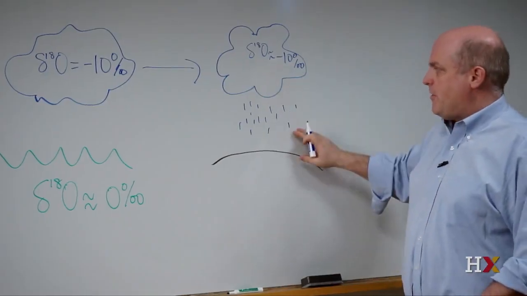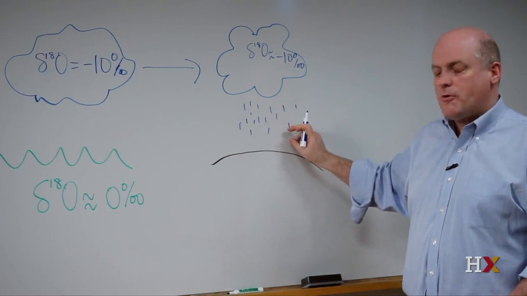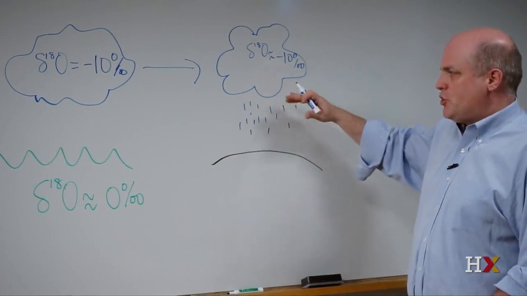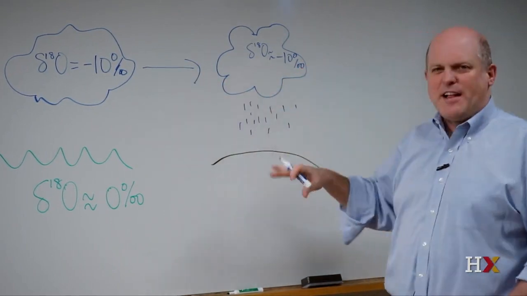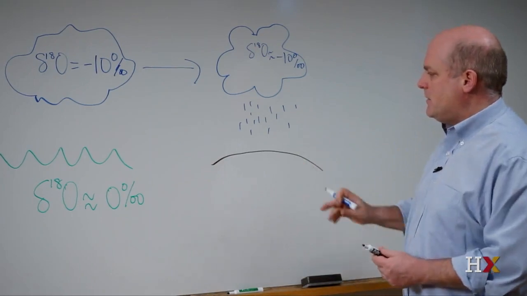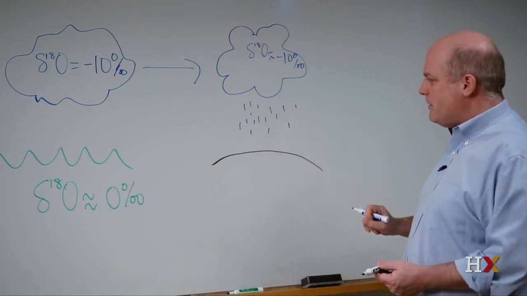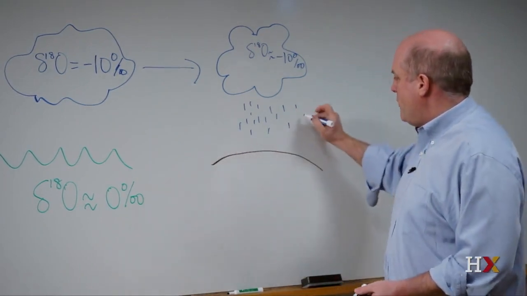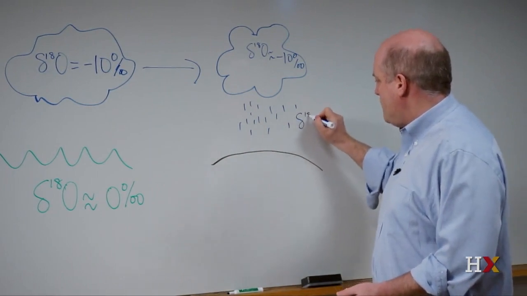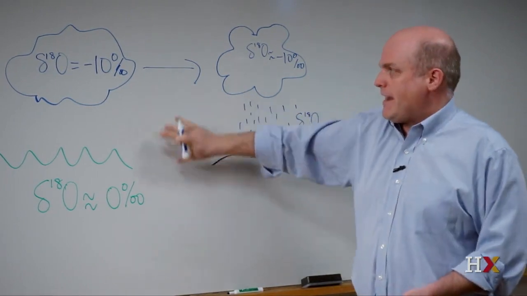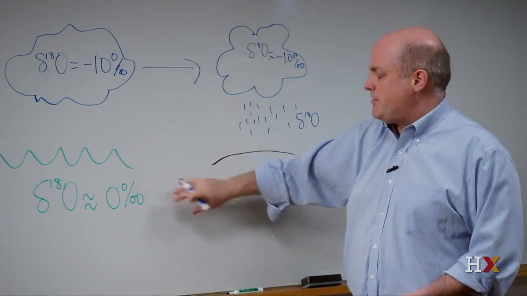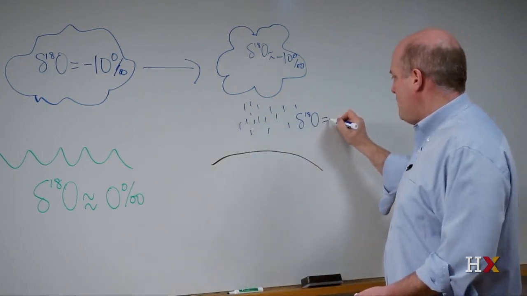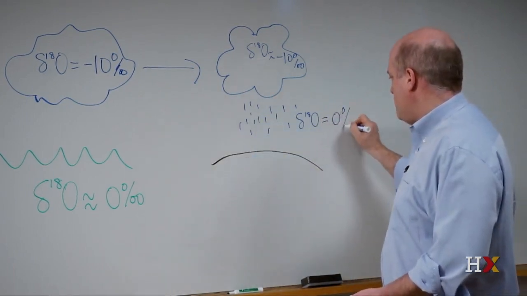And the first rain that falls, these are liquid water droplets that form out, assuming there's no change in the temperature, and that's a simplification we'll make here, because there is a small effect of temperature here. Then the delta O18 of the raindrops is simply going to have that same fractionation, that same preference for oxygen 18, and the delta O18 of the rain will simply be 0 per mil.